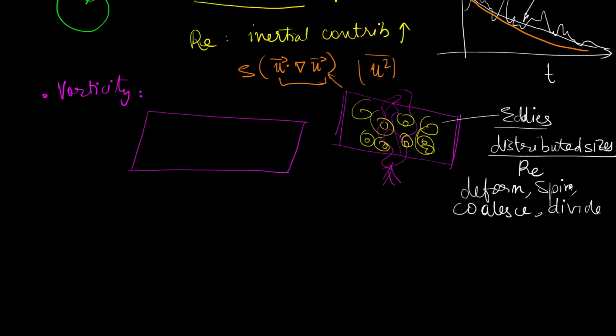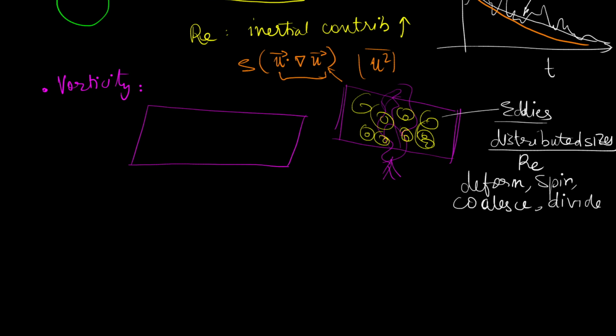A lot of things happen, and this hierarchy of eddies is common to turbulent flows, and these eddies are said to transfer what is called the turbulent kinetic energy from one scale to another.